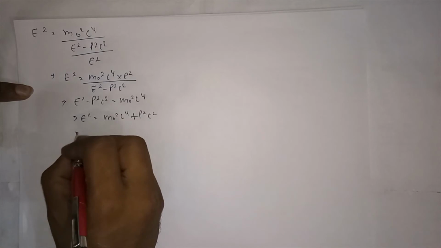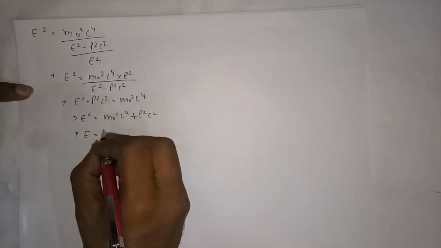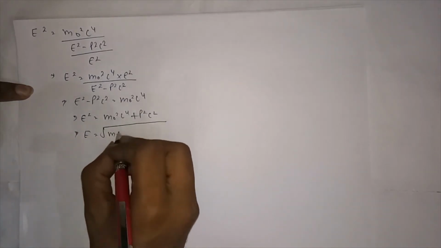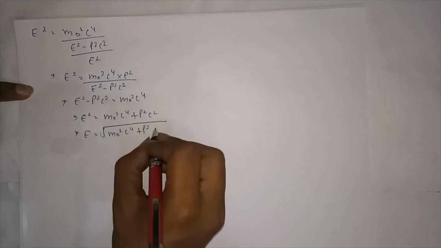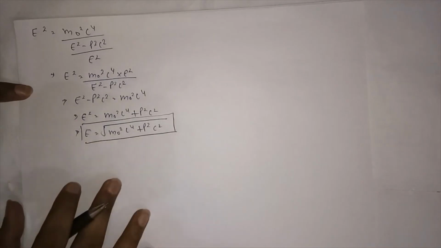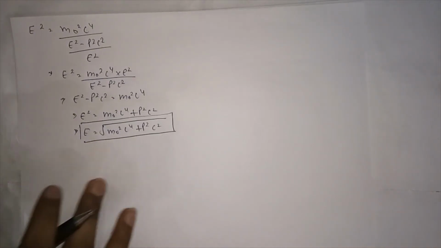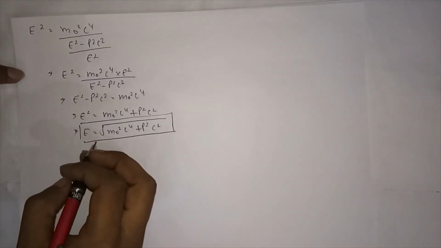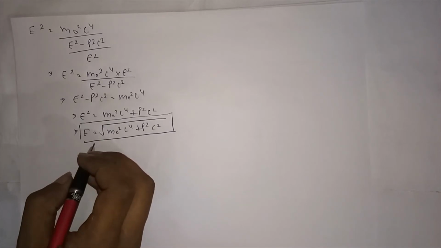So now finally E equal to under root m naught square c to the power 4 plus p square c square. This is our final outcome. So this is the relation between total energy E and momentum p of the particle.